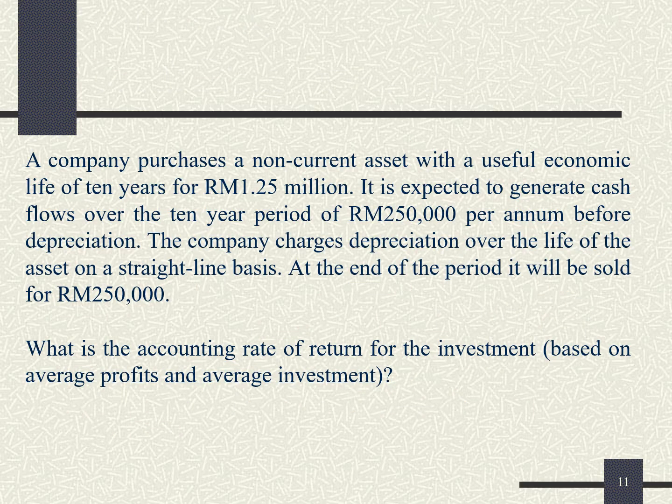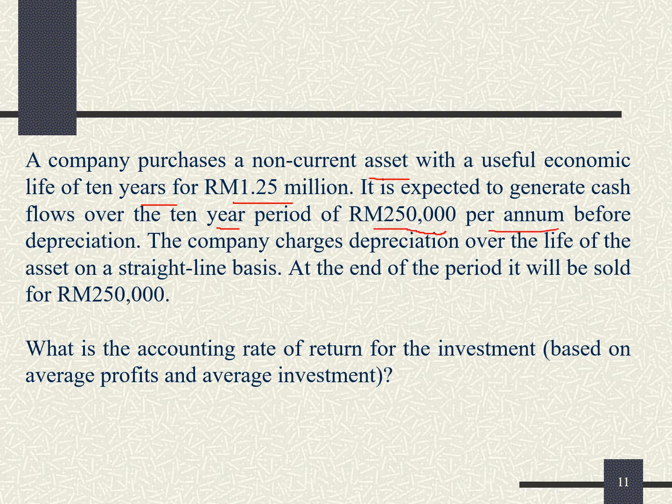So a company purchases a non-current asset with a useful economic life of 10 years, ni satu lagi contoh. 10 years dia bayar 1.25 million ringgit. It is expected to generate cash flow over 10 years of 250,000 per annum.